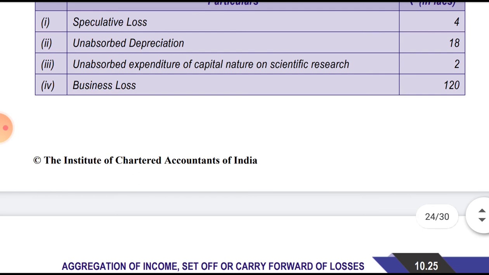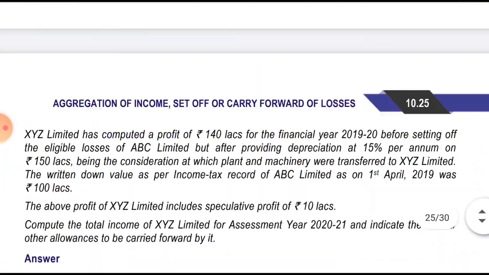Business loss 1 lakh, business loss 120 lakhs.